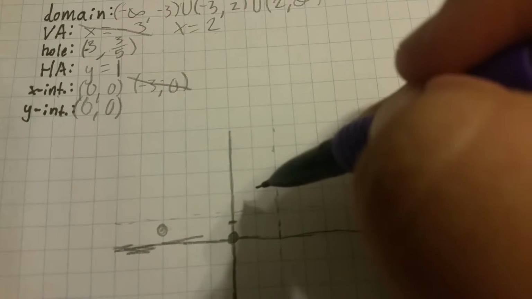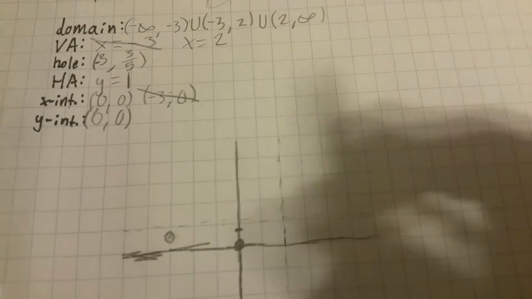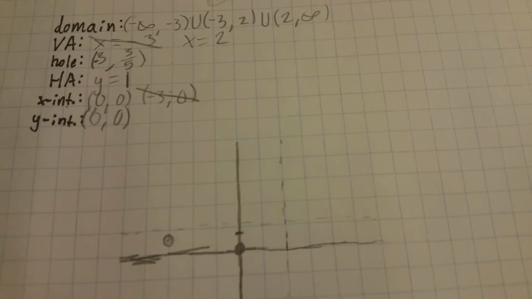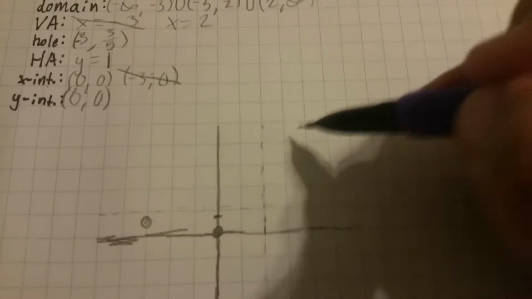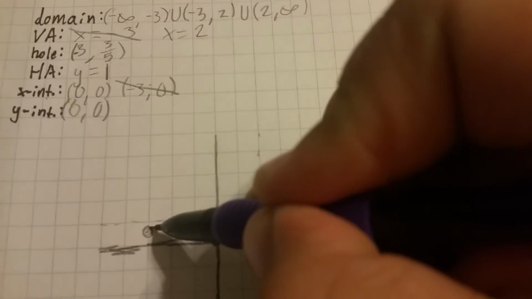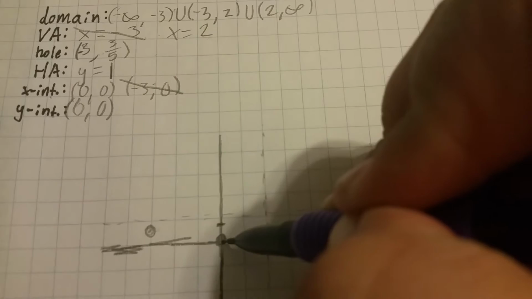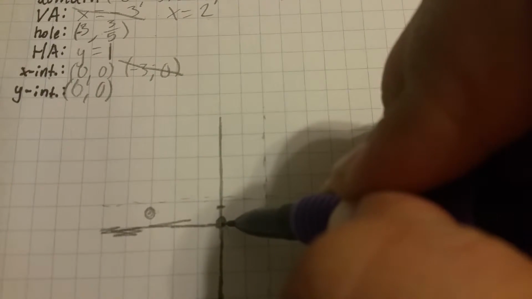And to not waste too much time, it basically just turns out like this, your most likely outcome, assuming that there is a point of discontinuity and there is an x-intercept at the origin.